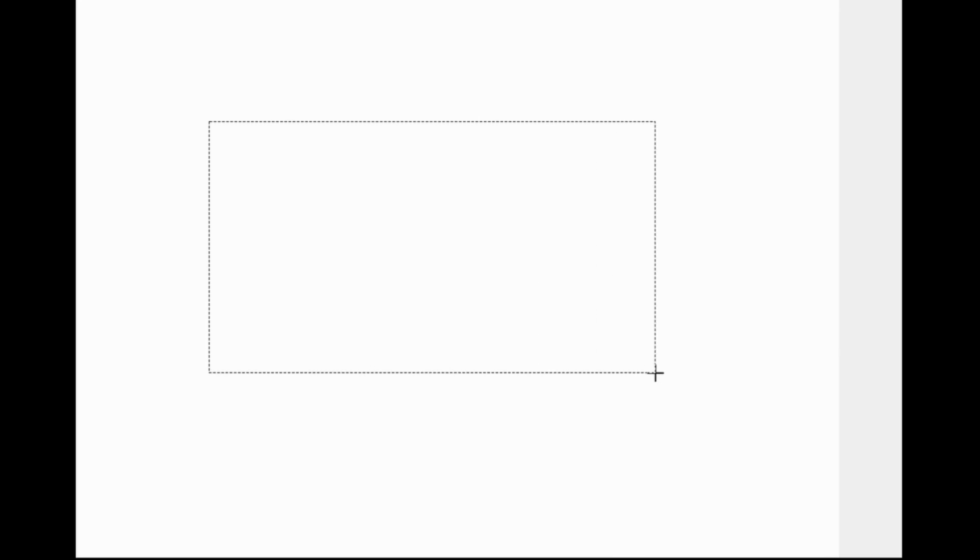Alright, step 1 in a way of thinking. Suppose we have a rectangle, and there it is. Let's fill that in. We got a rectangle.